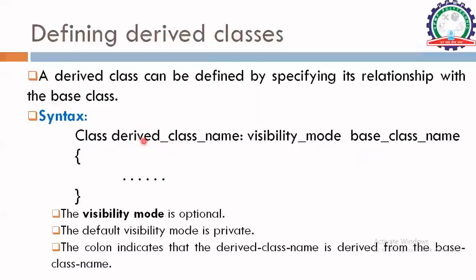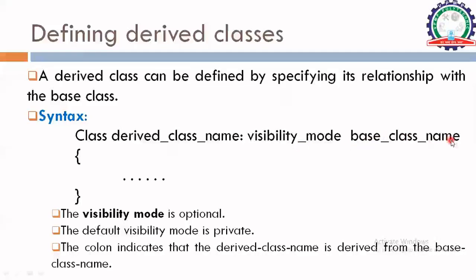So here we will write the name of the class which is being declared newly. Then colon. After that, visibility mode. Here we can write private, public or protected. We can define a new class by private, public or protected visibility mode of the base class.